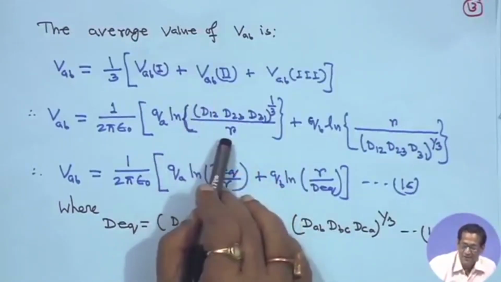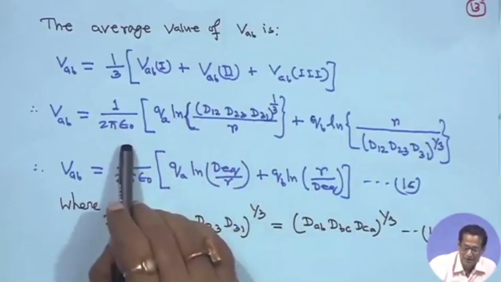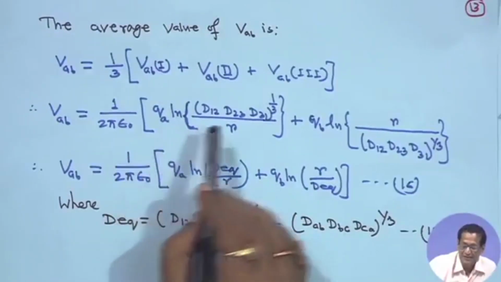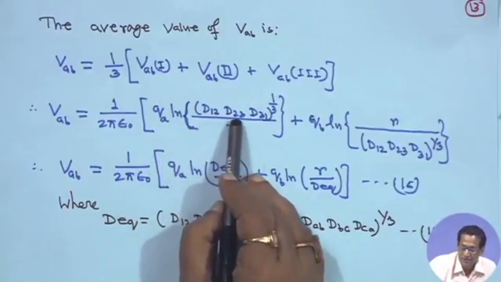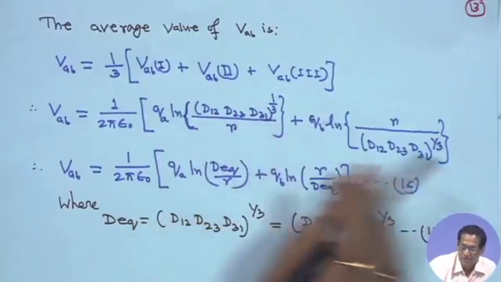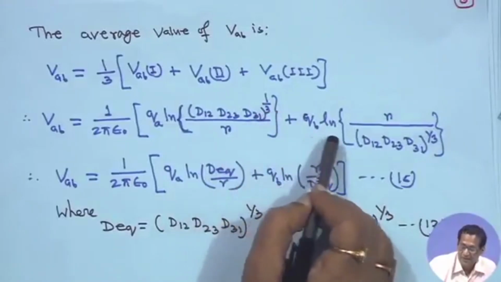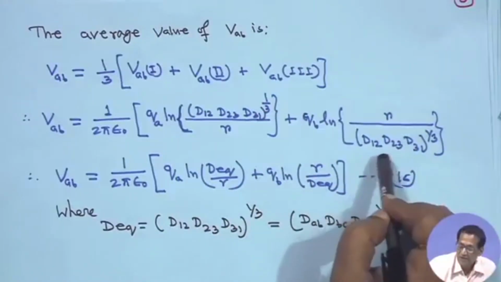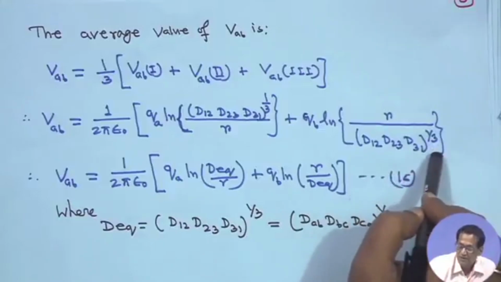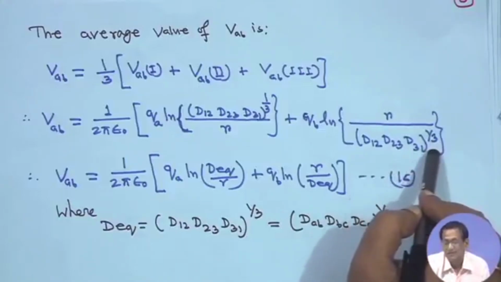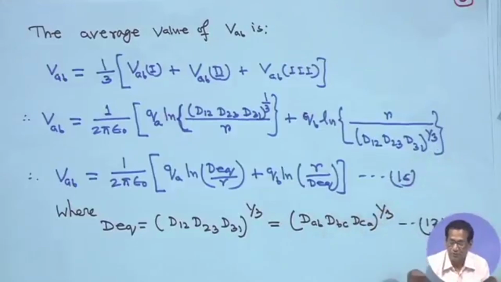I have made this one final: 1 upon 2 pi epsilon 0, q_A ln of (d12 d23 d31) to the power 1/3 divided by r, plus q_B ln of r upon (d12 d23 d31) to the power 1/3, right, cube root.